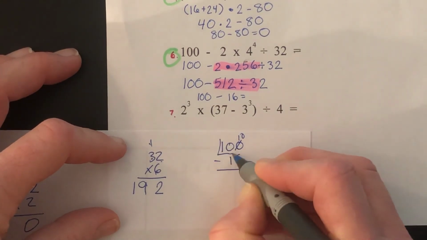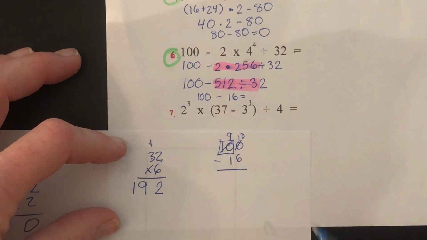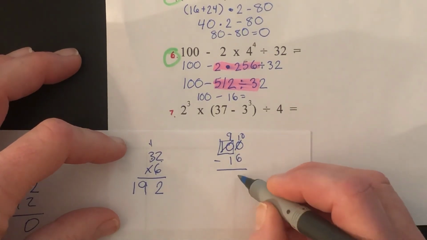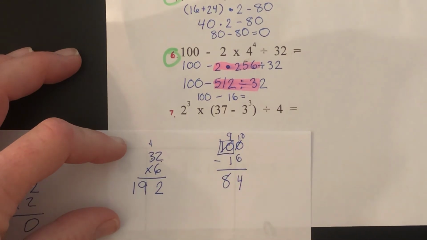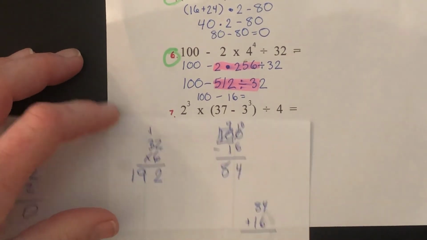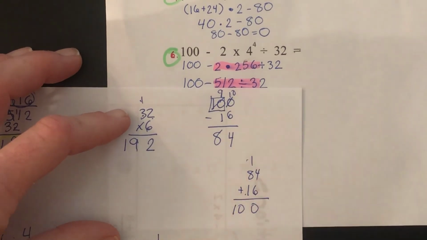Can't take from that, so I'm going to take from that 10, and it becomes 9. So 10 minus 6 is 4. 9 minus 1 is 8. And if I don't trust that I regrouped right, I can always add it back. So what's 84 plus 16? Make sure that gives me 100. 8, 9, 10. Yep, okay.